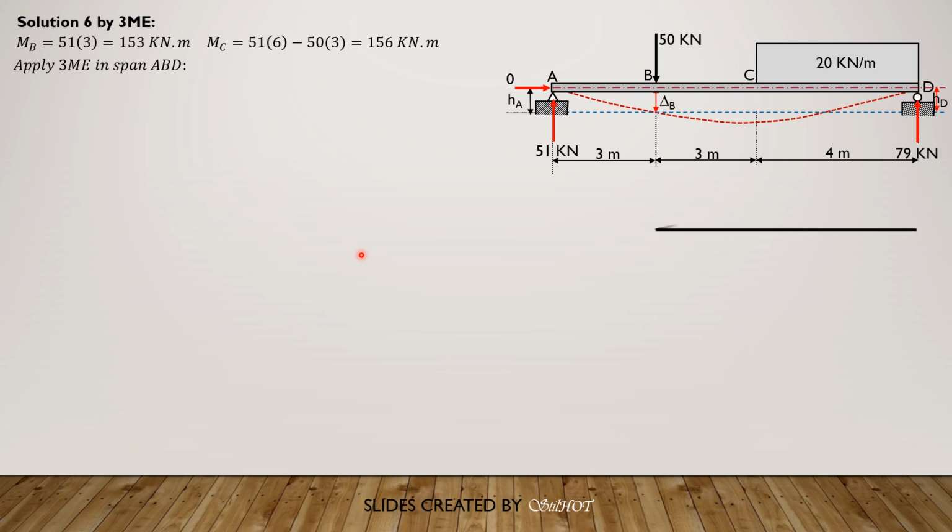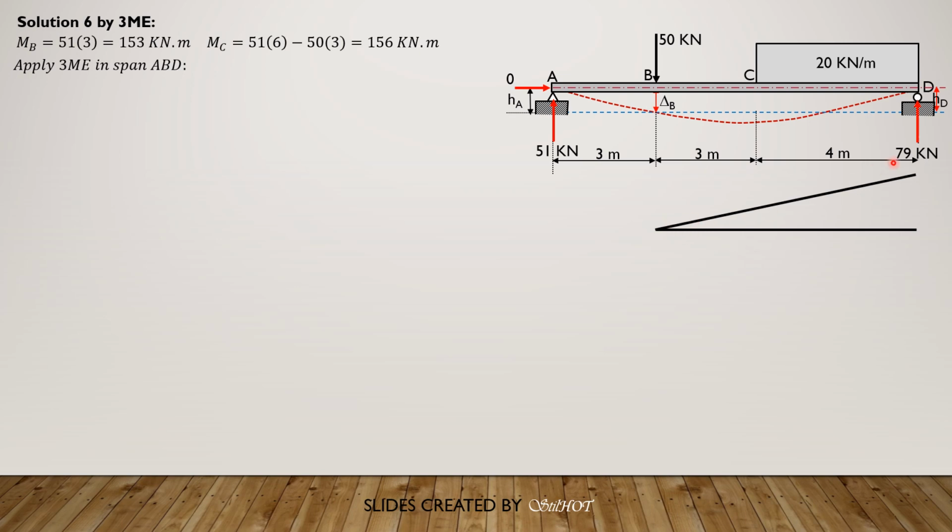So this is the moment diagram by parts for the portion BD. We compute the moment because we assume that B and D is a simply supported beam. We imagine there is a support here, so the 50 is ignored. It cannot affect the moment because B is a support in the assumption of the three moment equation.